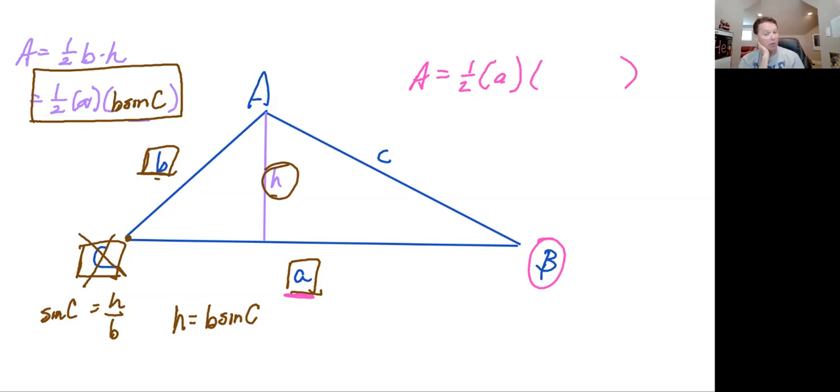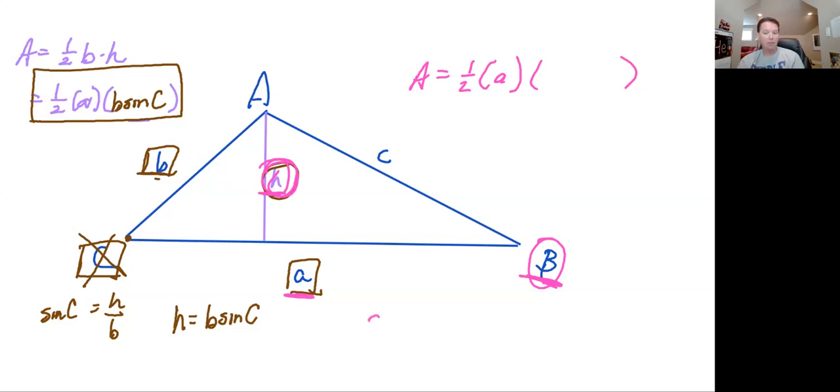And the question I want to pose to you is, can I express that height now in terms of sine and angle B? And of course, you're seeing the answer is yes. Are you seeing that? That I can express the height h in terms of the sine of angle B?